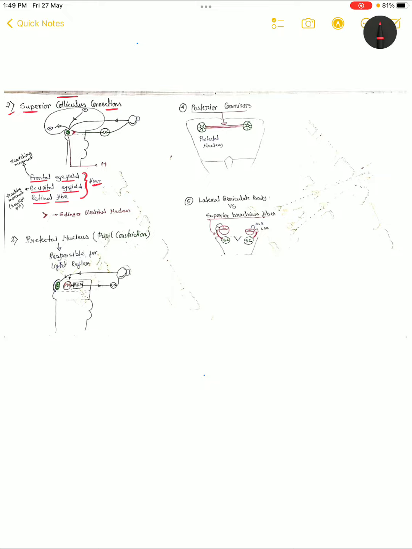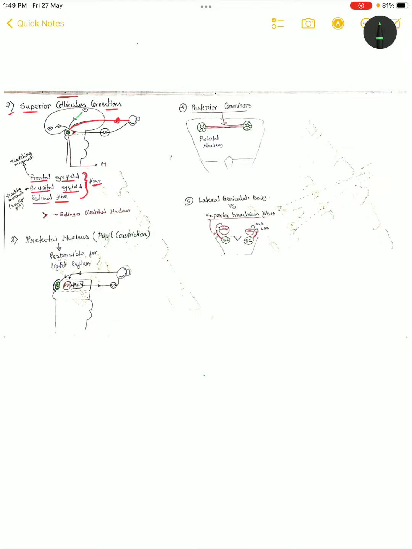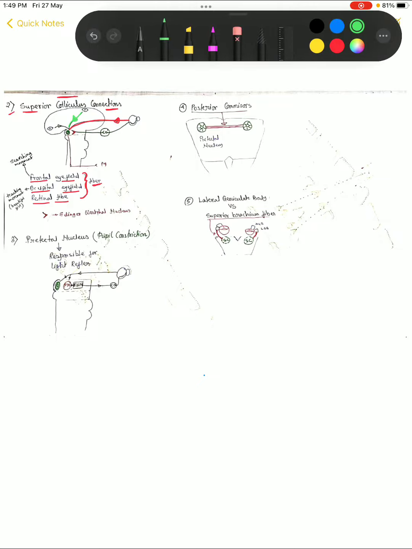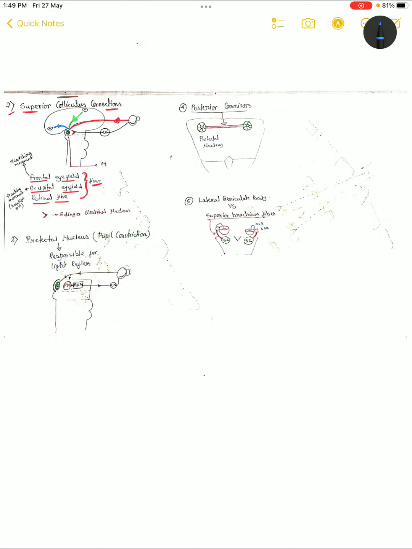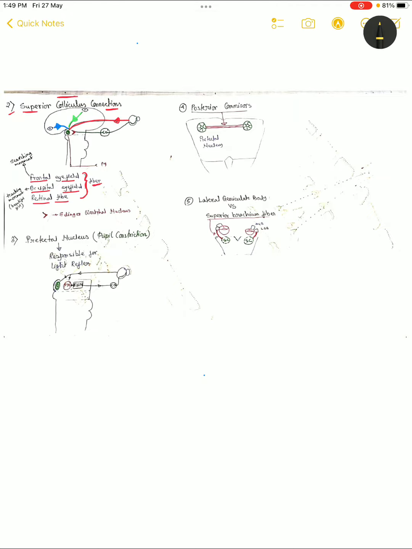So this fiber is coming from retina to where? To our superior colliculus. This fiber is coming from our frontal eye field to superior colliculus. This fiber is coming from where? Occipital eye field to superior colliculus. And now see, this fiber is coming from our ciliary muscles, first to ciliary ganglion.